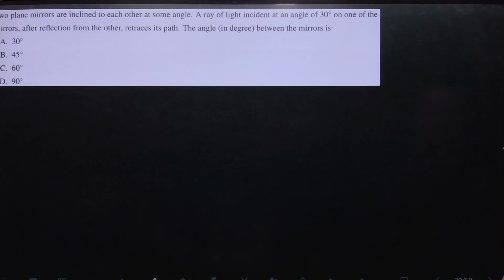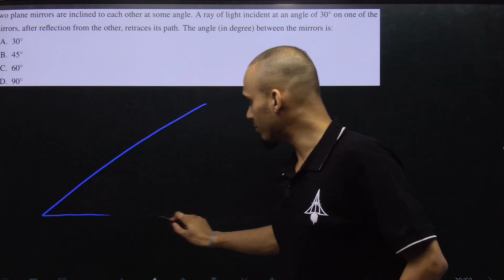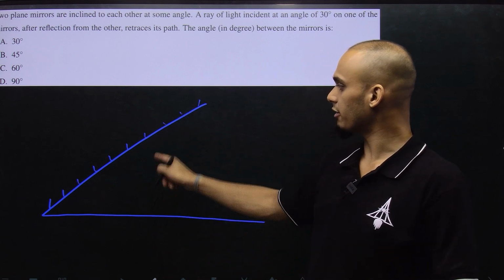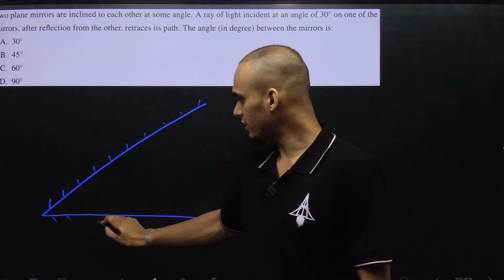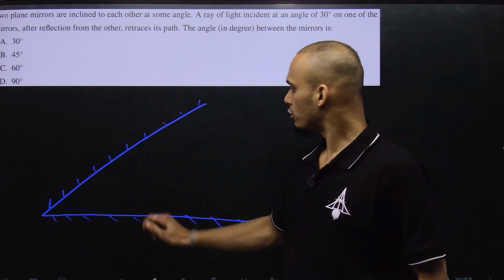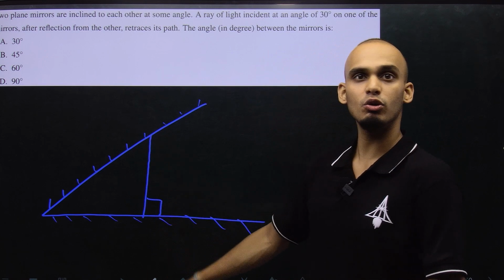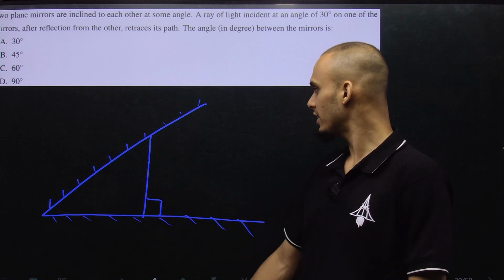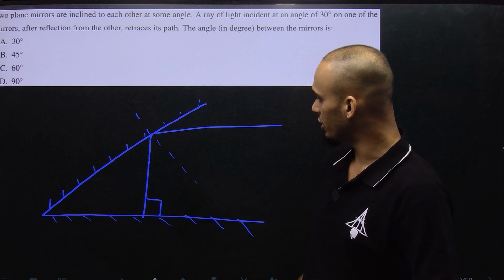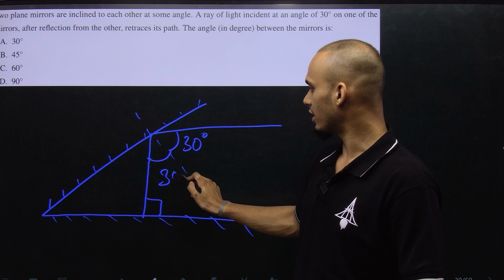Next question, we have two plane mirrors inclined at some angle such that let theta be the angle between them, and after reflection from the second surface, if a light is incident on the first mirror, it retraces its path. So after reflection, it should fall on the bottom mirror perpendicular to it. Only then will it get reflected back again. And from the law of reflection, drawing a normal over here, this angle given to us 30 degrees should also be equal to this angle 30 degrees.